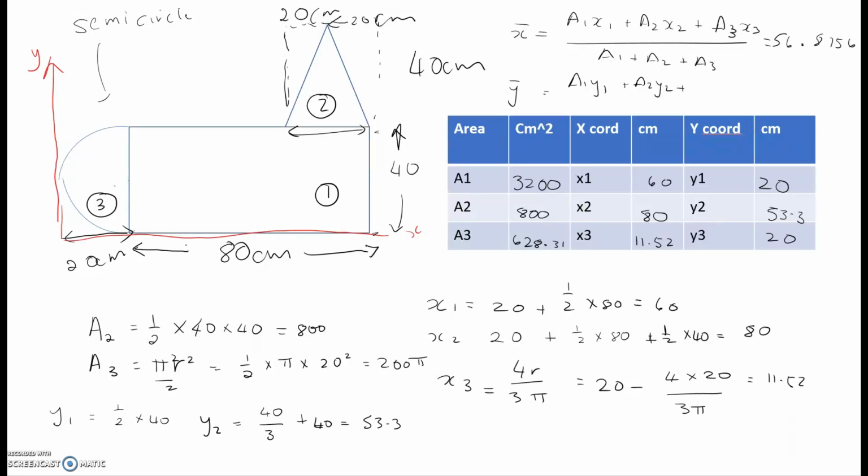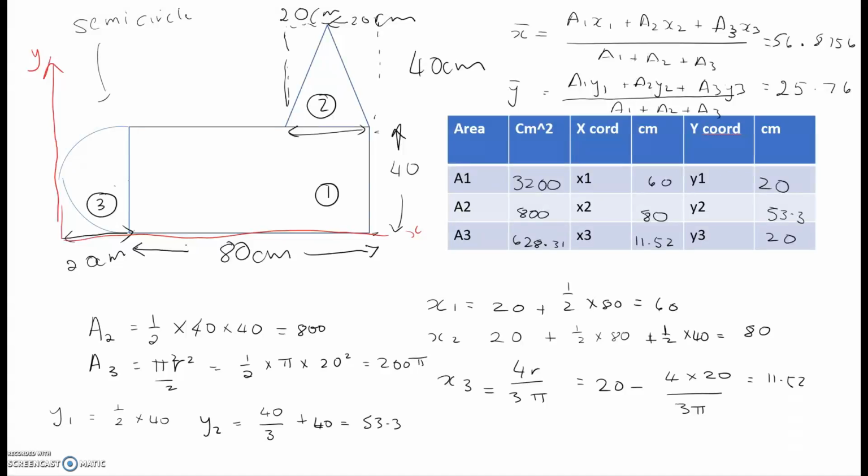Y bar is a1 y1 plus a2 y2 plus a3 y3 over a1 plus a2 plus a3. Do the number crunching on your calculator and you get 25.76.